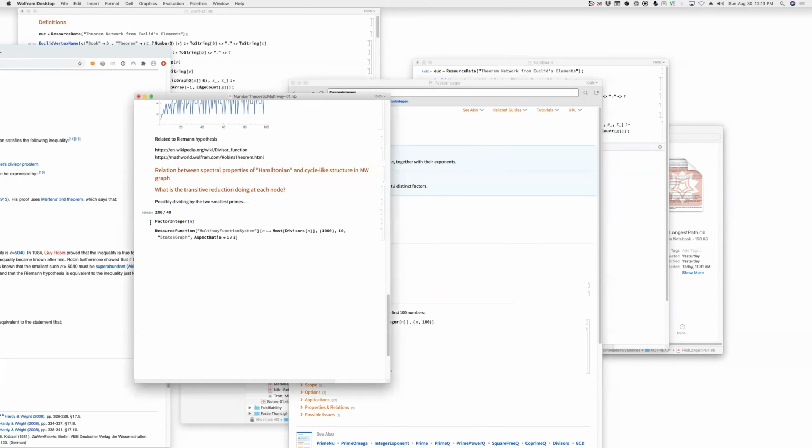Which order are the FactorInteger numbers in? Okay, so first slash at, take this comma 2, and I claim it is going to be this.